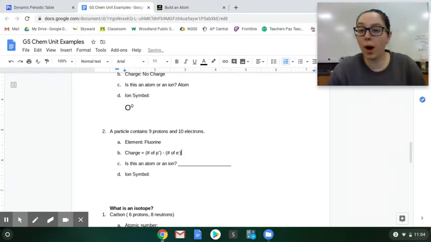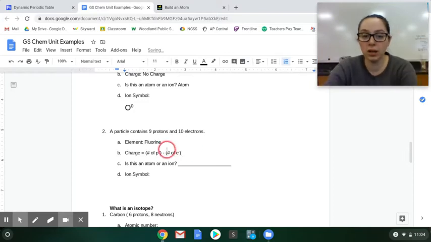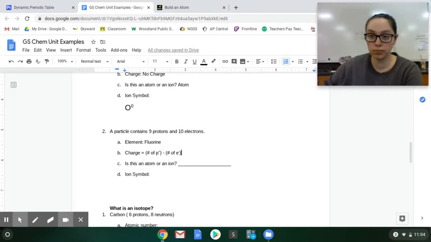Why is it minus? Electrons have a negative charge. So if I'm subtracting these two numbers, if I have more electrons than protons, I'm going to end up with a negative charge. We need to pay attention to that. So it's protons minus electrons.